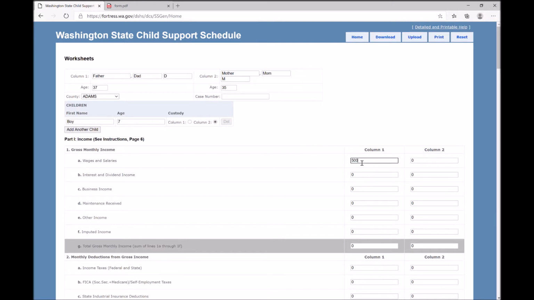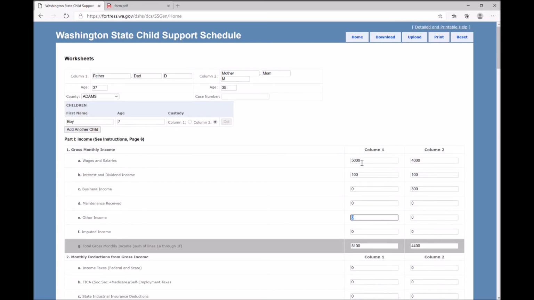Let's say the father earns $5,000 gross monthly, and the mother earns $4,000 gross. Interest and dividend income, say they each make about $100 interest. Business income, the father just does this full-time job. The mother maybe earns an additional $300 business income.